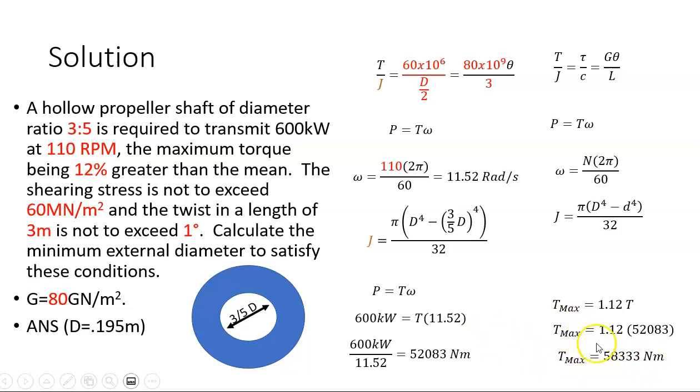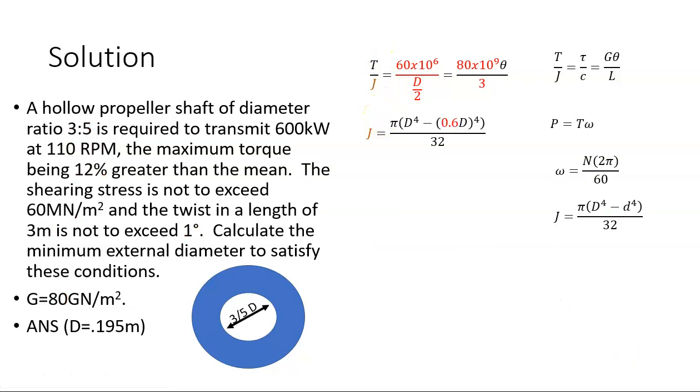Okay, so I'm going to use that torque value and substitute it back in here. Right, the second polar moment J is pi d to the power 4, and the ratio is 3:5, so 3/5 is 0.6, so it's 0.6 d to the power 4. I'm going to get 0.6 to the power 4, and that's 0.1296. So this expression becomes 0.1296 d to the power 4.